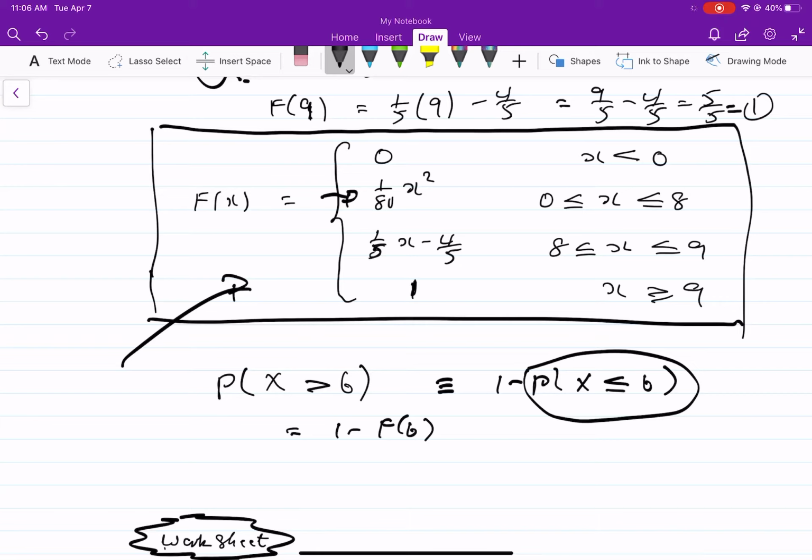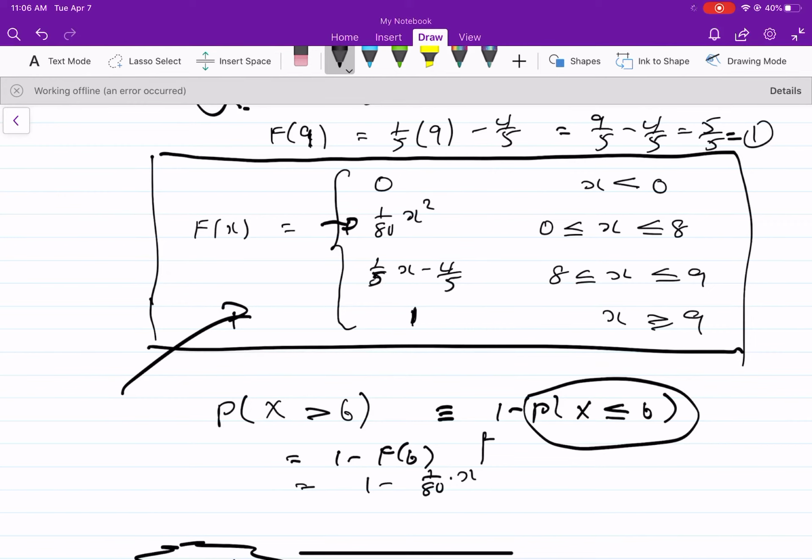So therefore, this becomes 1 minus, and then you plug x equals 6 into the big F function. 1 minus 1 over 80 times x squared. Oops, I always do that. Times x squared, which is 1 minus 1 upon 80 times 6 squared. But you know the difference between square and cube?